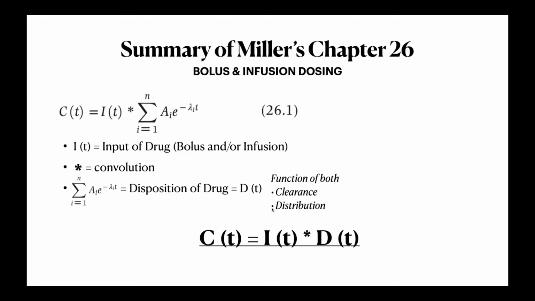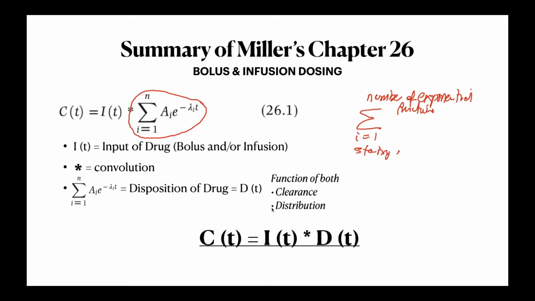So just to summarize, when we're looking at this function here, which describes the disposition of the drug, if we think back to the previous formula, this represents the summation, this sigma. The n number on top represents the number of exponential functions. And that's often 3. And then this at the bottom, which is your index, equals 1, and that represents your starting number.